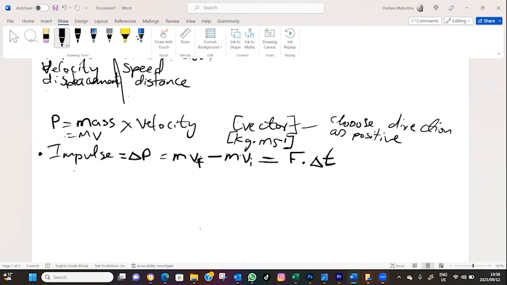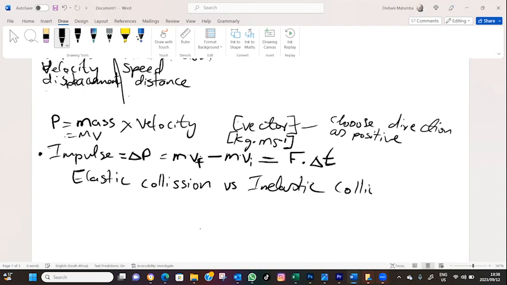We have elastic collision and inelastic collision. Now, elastic collision.